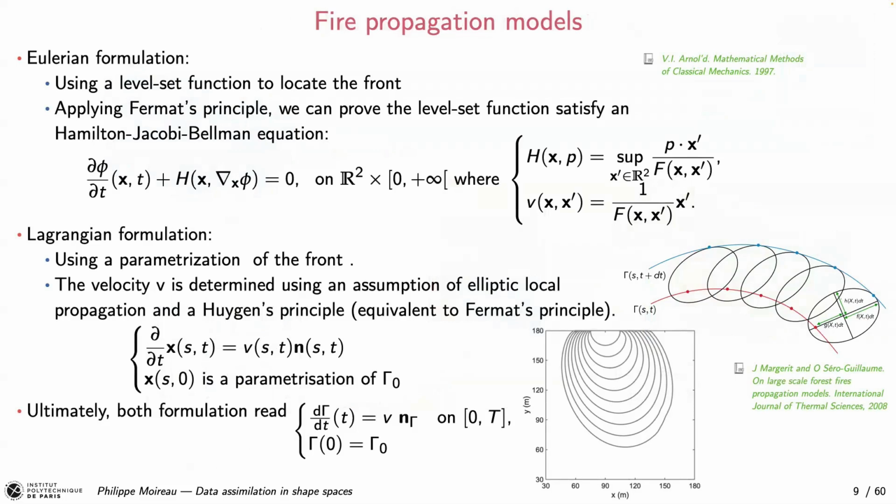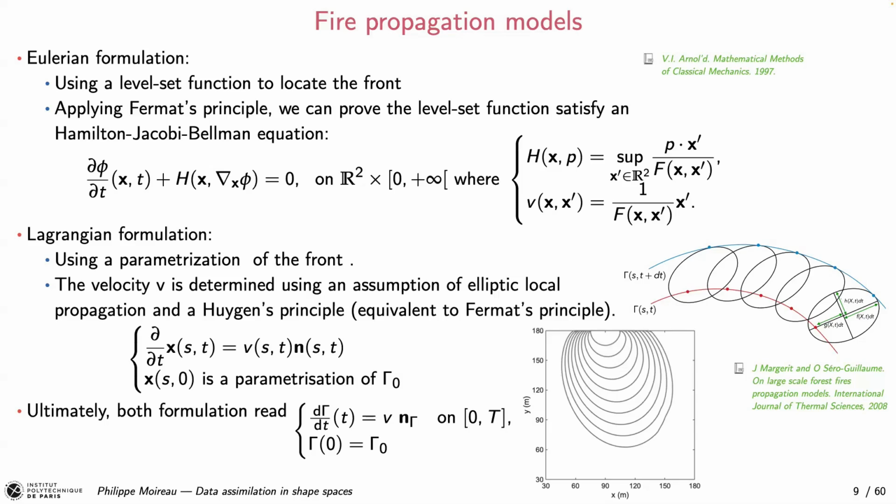In a fire propagation model, typically you have this kind of eikonal-based model, which corresponds exactly to the same asymptotic formulation as for the reaction diffusion, that you can solve like this with the level set version, or like this, where at the end you can rewrite it with the shape moving with respect to a velocity field along the normal.